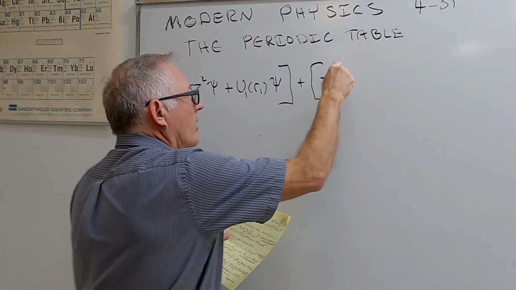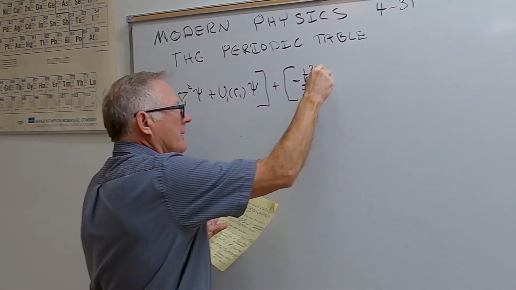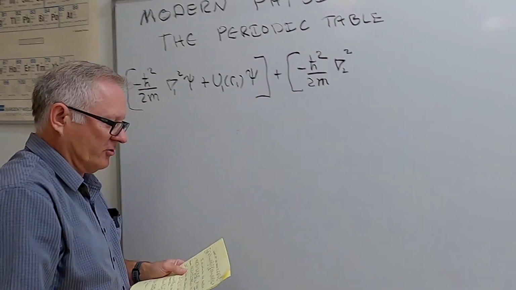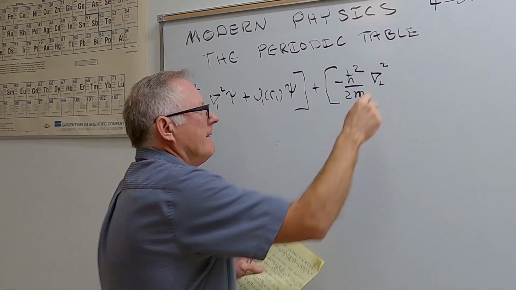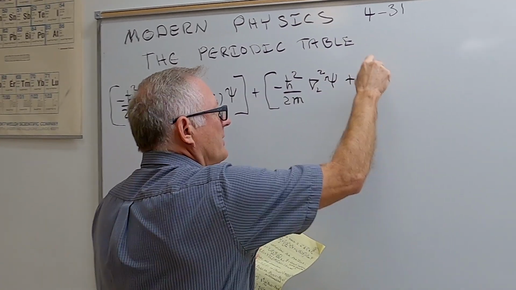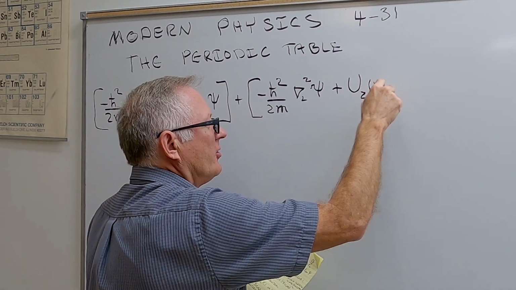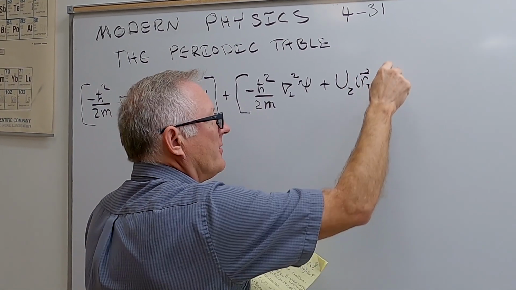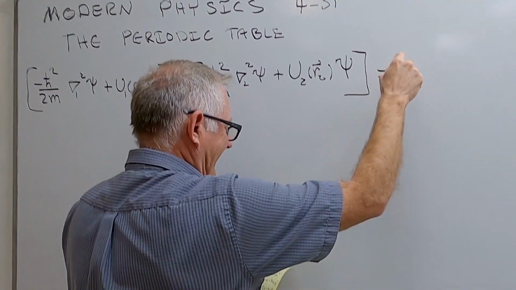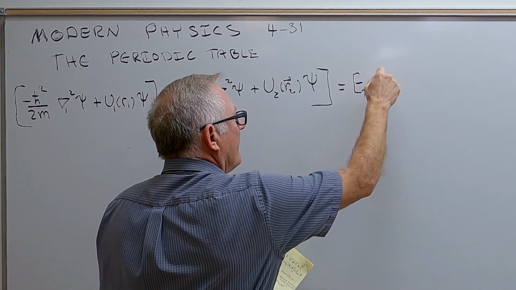minus h bar squared all over 2m del squared for position 2 psi plus the potential for particle 2 at location R2 psi equals E total psi.